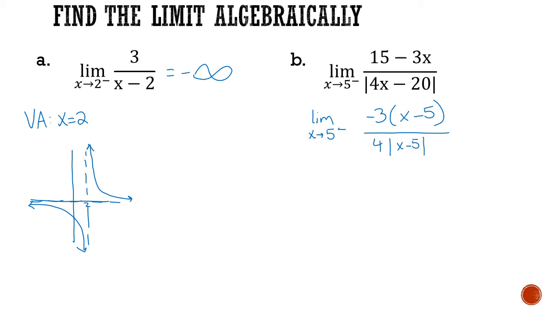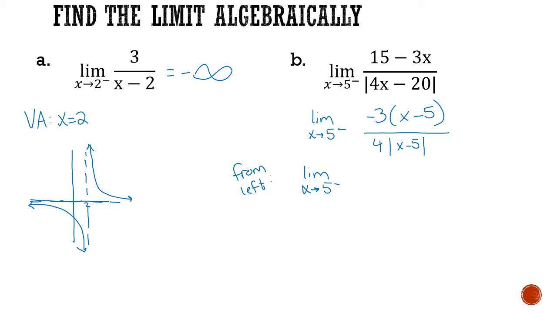Okay, so we want to find the limit as x approaches 5 from the left side. So since it's from the left, let's write this out again, limit as x approaches 5 from the left. This absolute value, you know, that could be 4 times x minus 5, or it could be 4 times a negative times x minus 5.